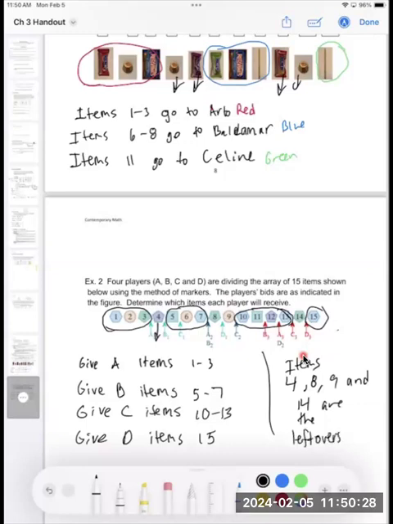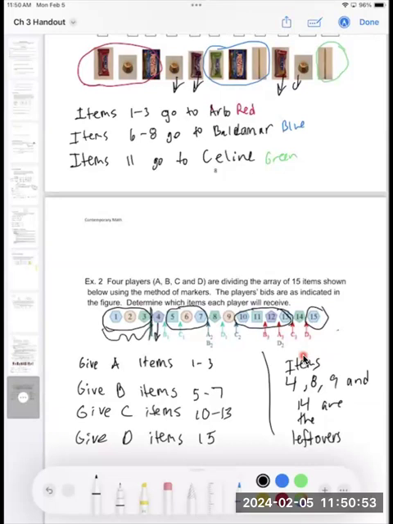They'd be able to choose, and they randomly get to choose from the leftovers to kind of finalize this division. You can double check here by checking that each person did in fact get a fair share according to them. A's marker was here, so between here and here would have been a fair share for them.